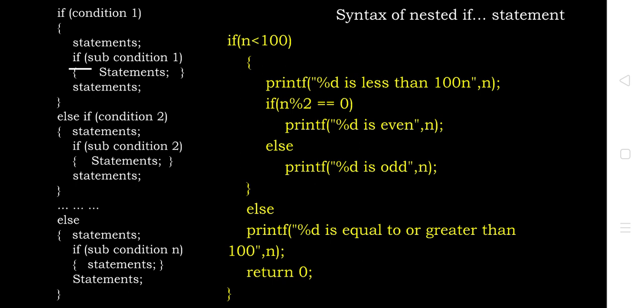Return 0 is the statement which returns 0 to the main function which calls it. This is how the syntax of the nested if statement and the program logic works.